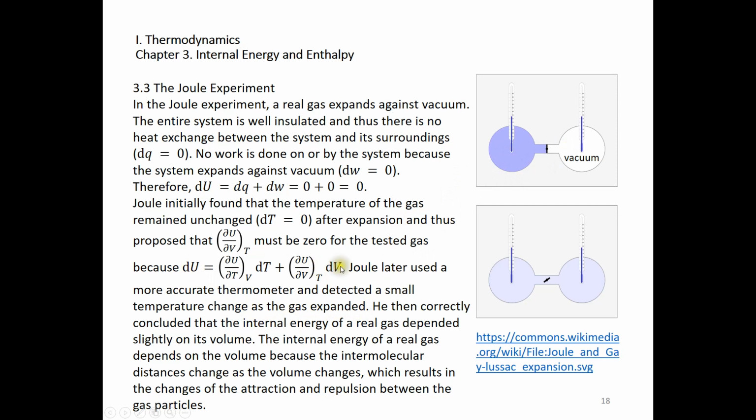So if we look at this equation again, this part later was found to be non-zero. dU is still 0, but since this dT term is non-zero, then this part is also non-zero. He later concluded that the internal energy of a real gas did depend on its volume. The dependence is small, almost negligible, but it's there.